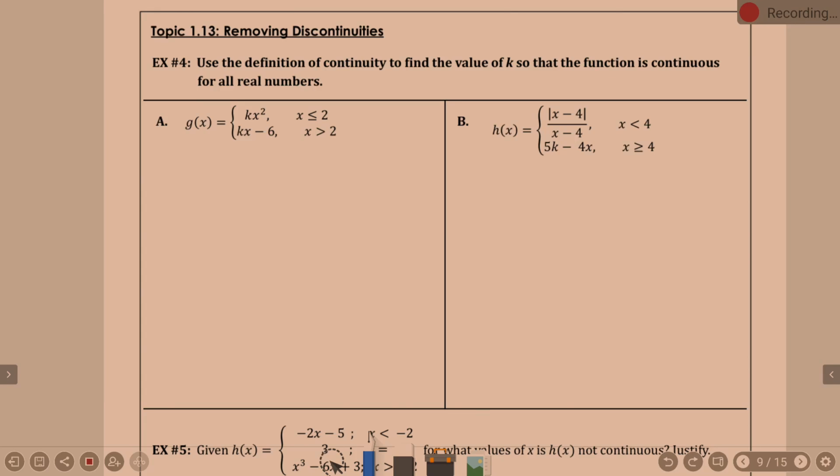Okay? So, the limit as x approaches 2 from the left of g of x, we need it to equal the limit as x approaches 2 from the right of g of x. True statement? Now, what is g of x on the left?